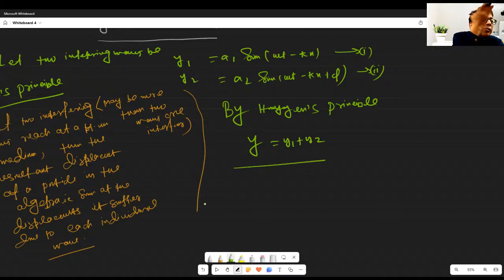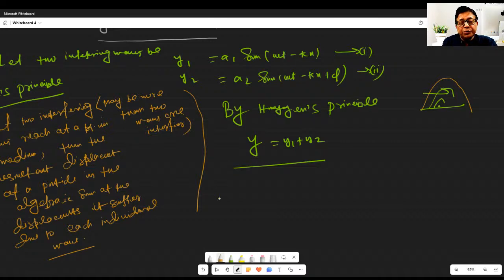This is a common observation. If at a point a wave takes the particle in upward direction, and another wave also taking upward direction, then resultant displacement will be just the sum of these two displacements. This is a fact. So y equal to y1 plus y2. So let us add these two.